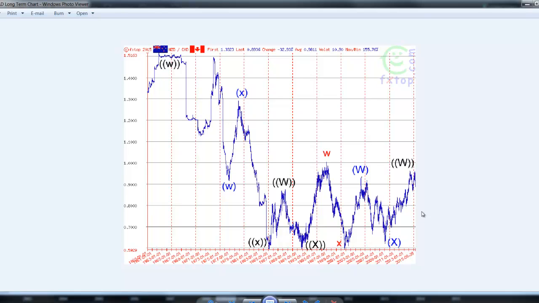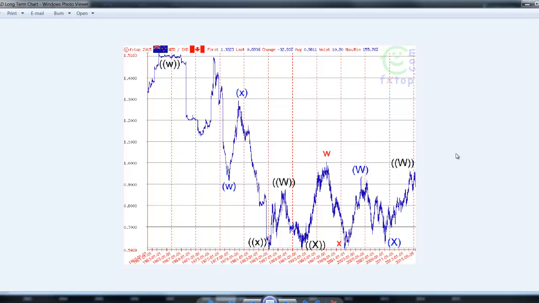We are looking for a pullback to correct this entire rally, and the pullback should be around a 50% retracement of this rally. So now we know that in the months or weeks ahead, we are looking for a pullback to correct this rally, and then from there we should most likely start a new bullish cycle that will ultimately take us above this, or even above this.